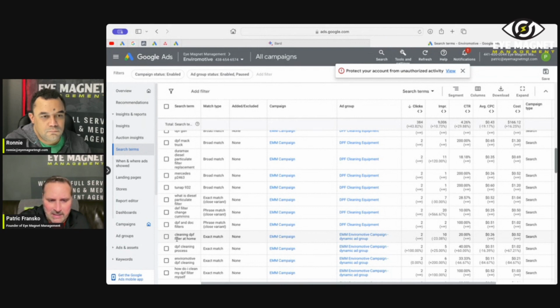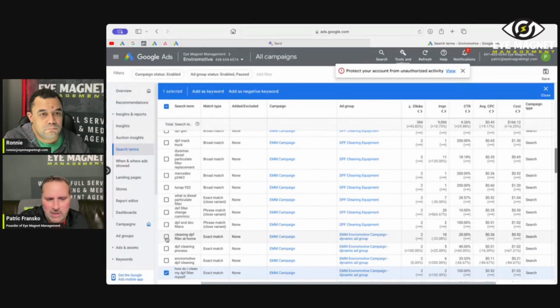They don't really want to come up for somebody who wants to do a DIY type of thing. Or how do I clean DPF filter myself? Neither one of those is relevant, because even though they have the words DPF filter and cleaning, those two searches are looking to do it themselves. We don't want to come up for those types of searches.